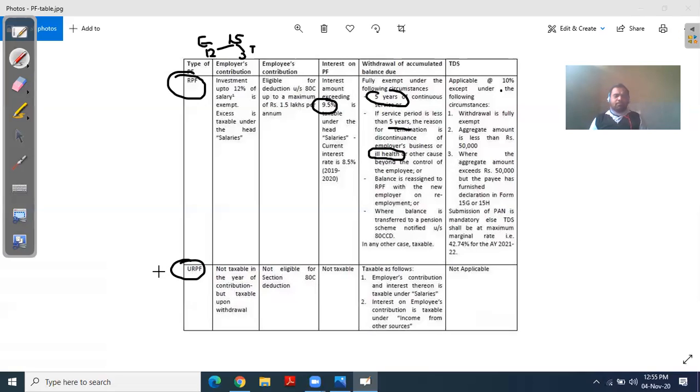There are some drawbacks of the unrecognized provident fund: it is not taxable in the year of contribution but taxable upon withdrawal, on maturity, and not eligible for deduction. The good thing, the positive side here, is that the recognized one is eligible for deduction.